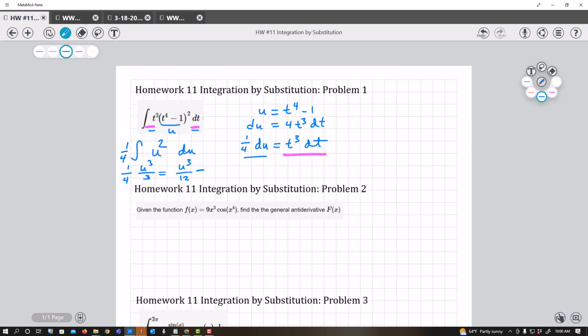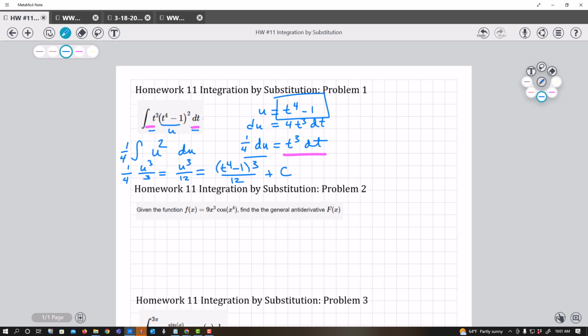And then your last step, you plug back in what u was, which is t to the 4th minus 1 cubed over 12. And then just don't forget your plus c.